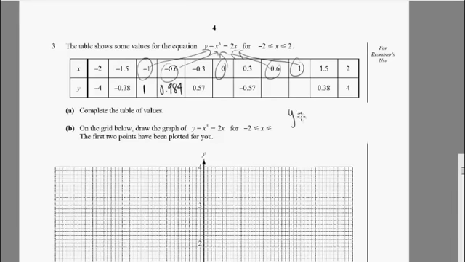Next, 0. So here, the value is 0. Next one, 0.6.